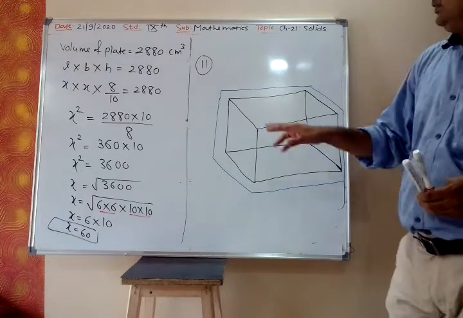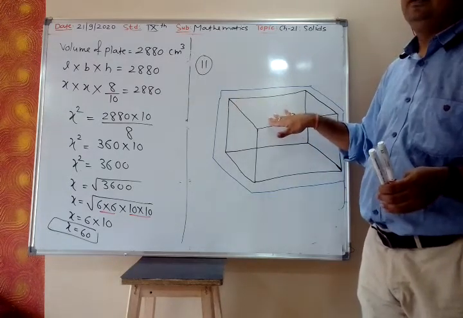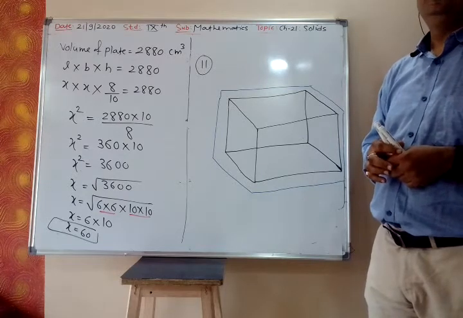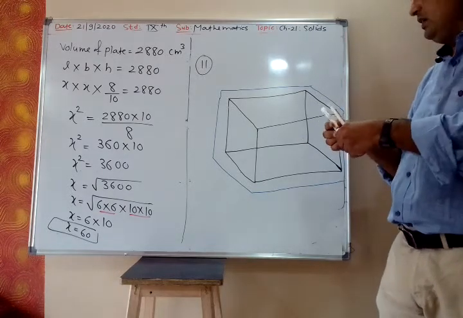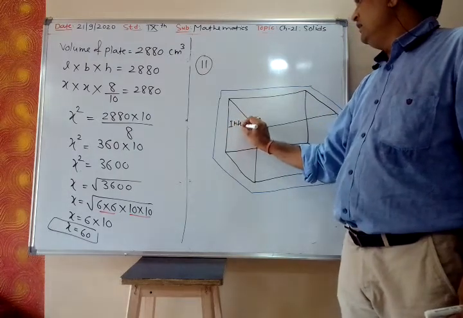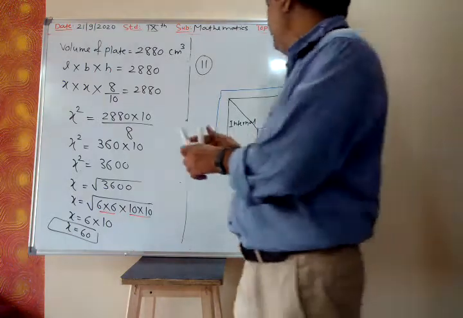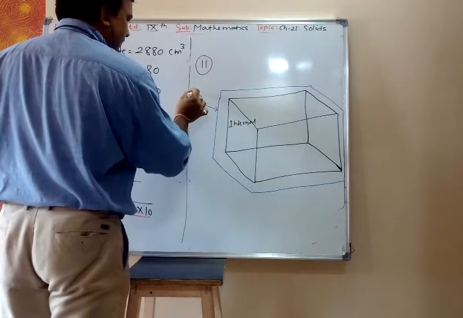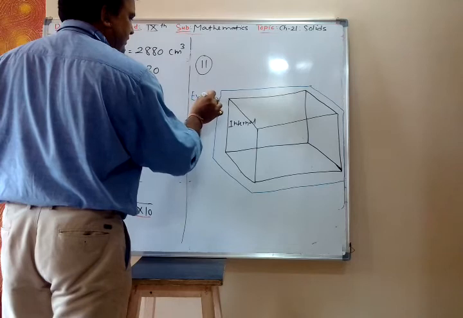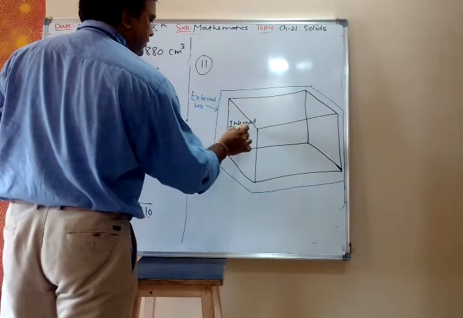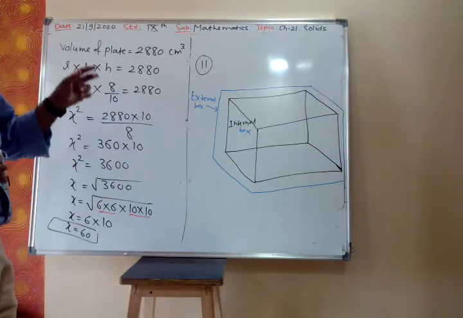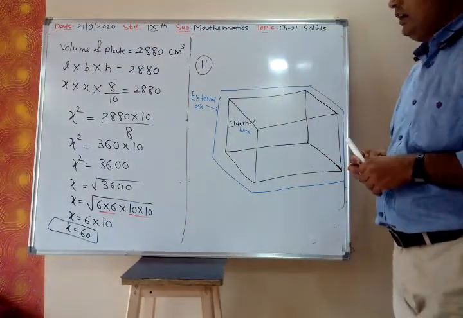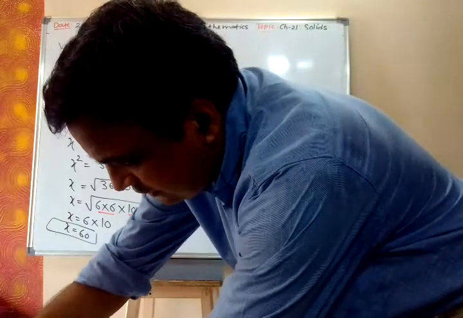This is my internal box, inside, and outside this is my external box. Between the internal box and the external box, the wood is there, no? Are you getting it?